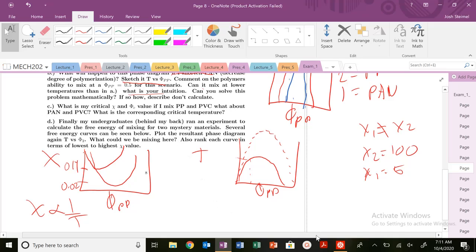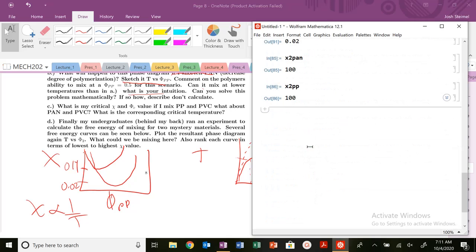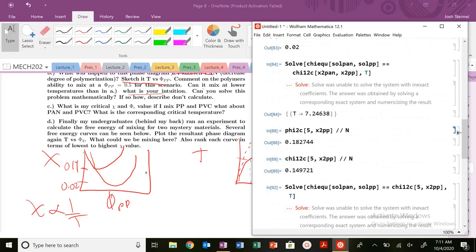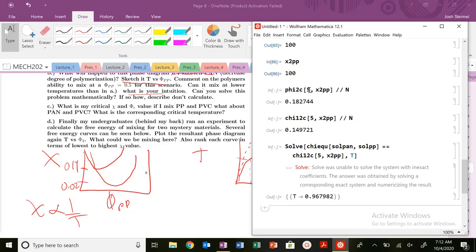What about PAN and PVC? All right, right now we're just going through calculations. So critical chi, so let's go ahead. I'm going to grab all these expressions so we can knock them out all at once. So I need my critical phi c. If I mix PP, or my x2 PP, x2 PVC.